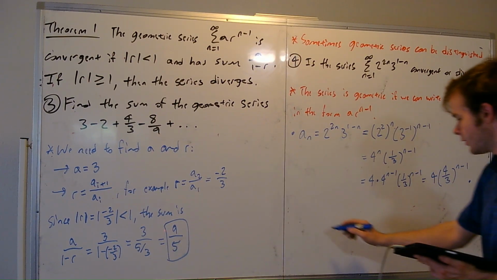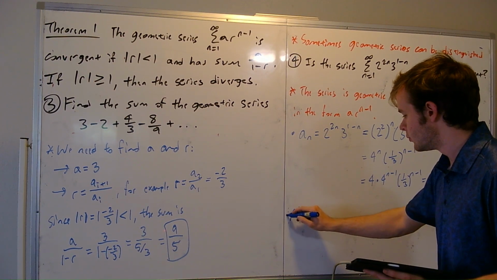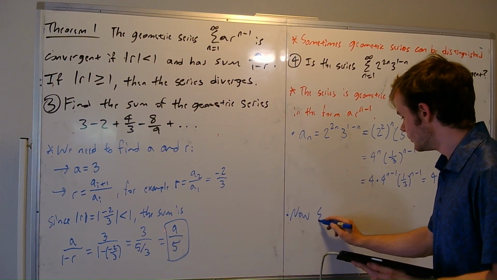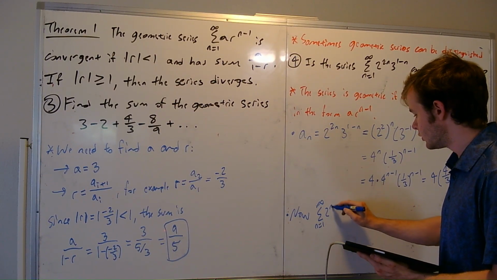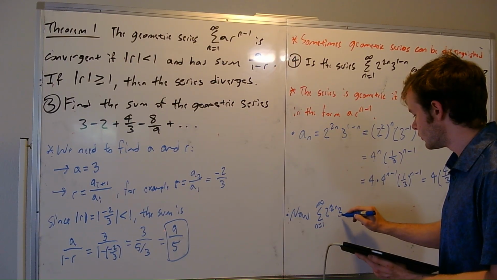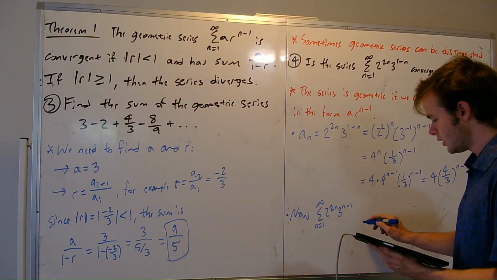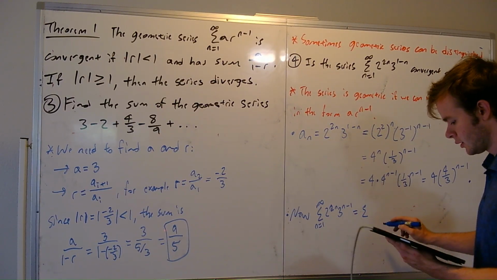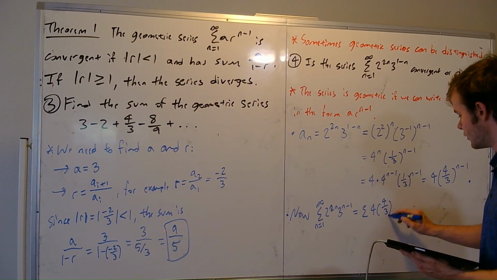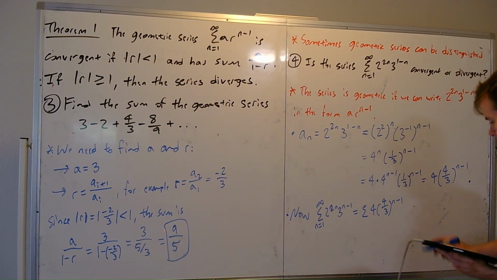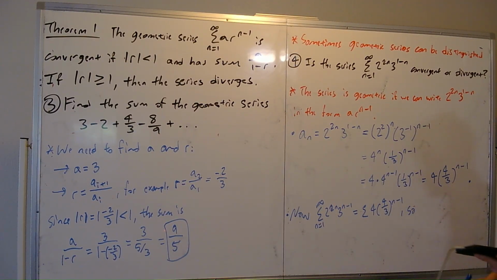So now the sum from n equals 1 to infinity of 2 to the power of 2n times 3 to the power of 1 minus n is actually equal to the sum of 4 times 4/3 to the n minus 1. So we can figure out what our values of a and r are. So a equals 4 and r equals 4/3.